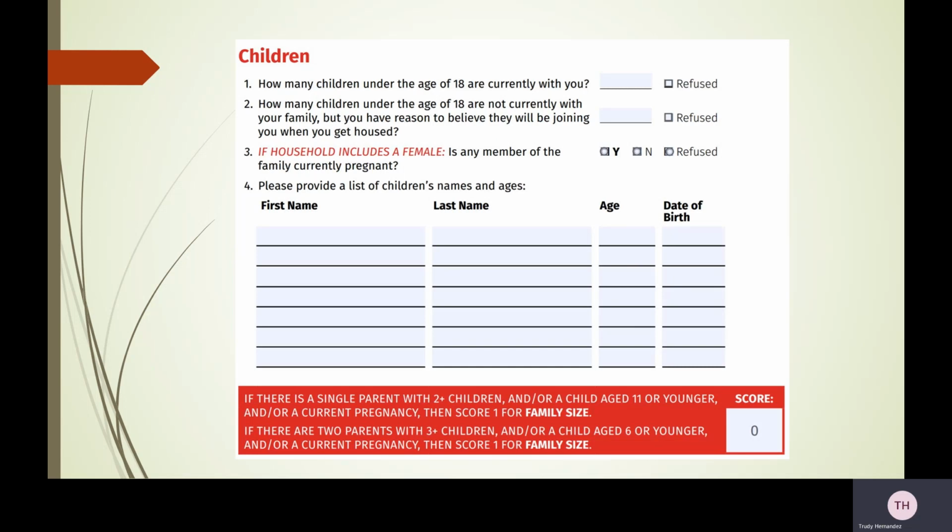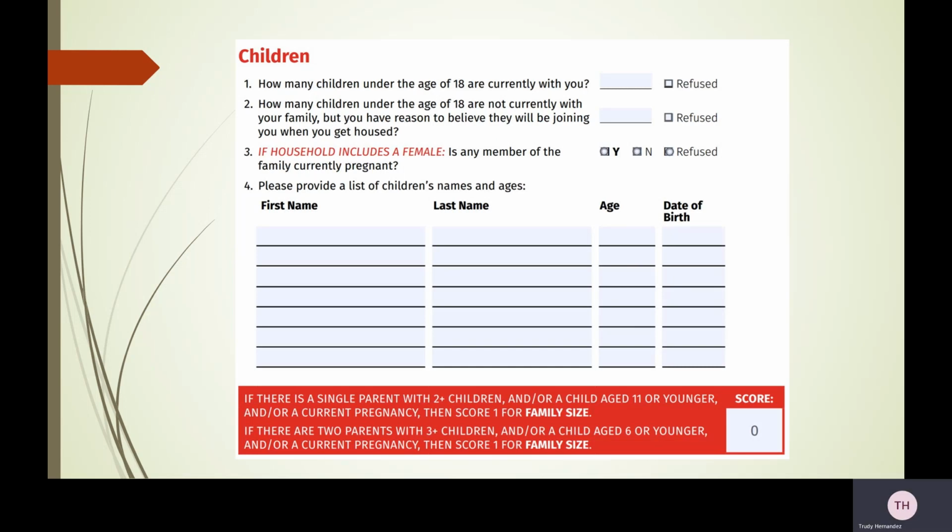Question 2 is, how many children under the age of 18 are not currently with your family, but you have reason to believe they will be joining you when you get housed? So this might be a mom and dad who's staying at a shelter, but their kids were able to go stay with grandma until they're able to get back on their feet.